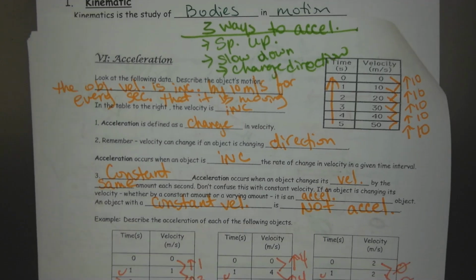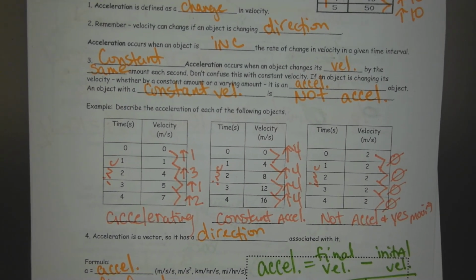Let's go ahead and take a glance at Unit 1 notes. This chart, our velocity was changing differently. Yeah, accelerating. The one in the middle, I changed my velocity by 4: 0, 4, 8, 12, 16. Was I accelerating? Yes, I was at constant acceleration and I was moving.